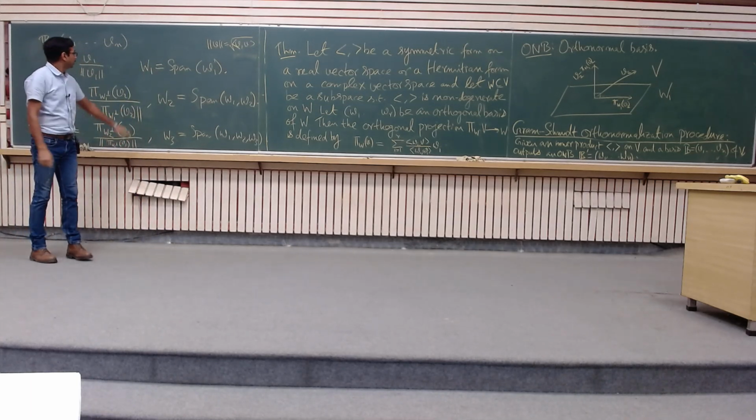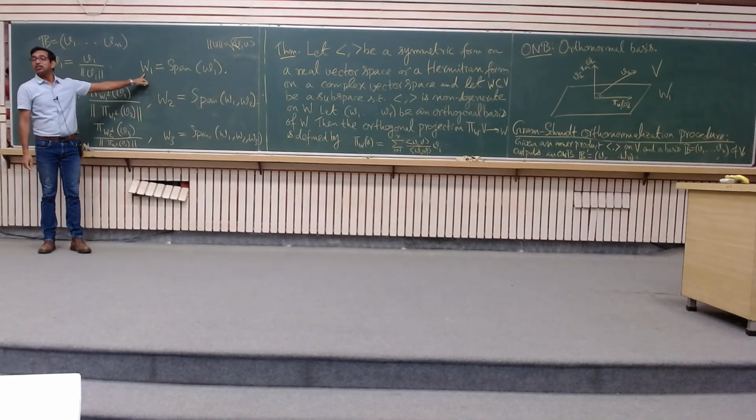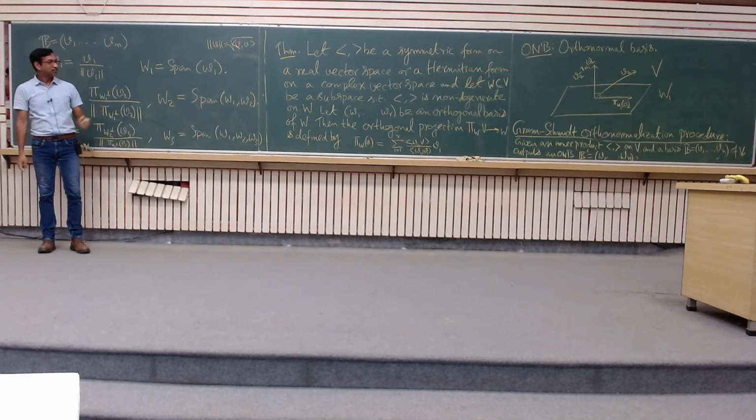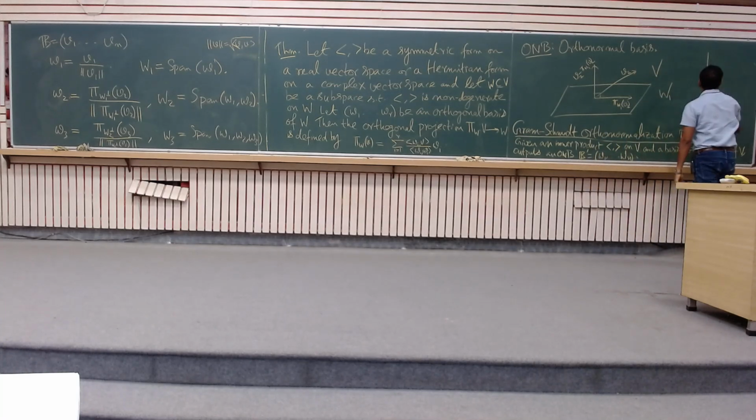W1 is a dimension 1 space, right? We are taking a vector, W1. What is the span of this? It is the entire line. So W1 is that, and then you are taking your vector, this is v2.